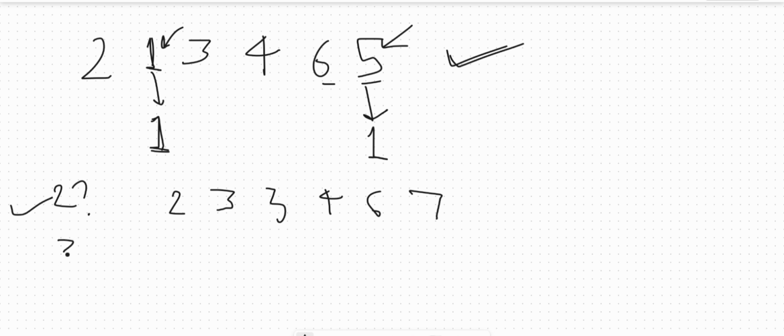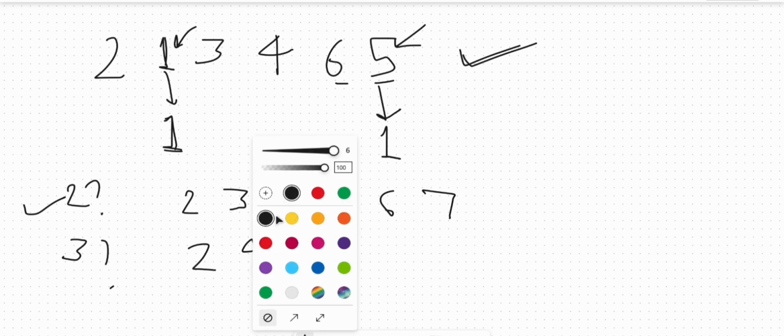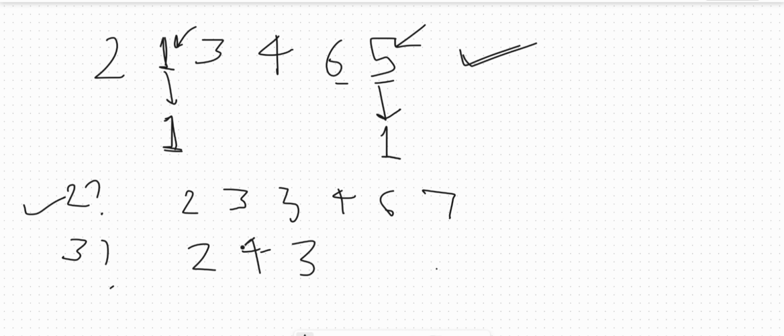Now can we choose 3? So we have 2, 4, then this becomes 3, right? This is a problem because then this becomes decreasing. This becomes a problem because this becomes 4 and this still remains 3.